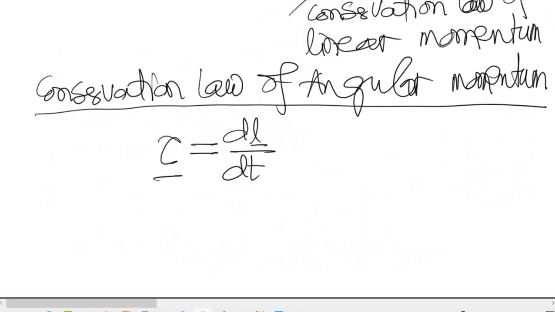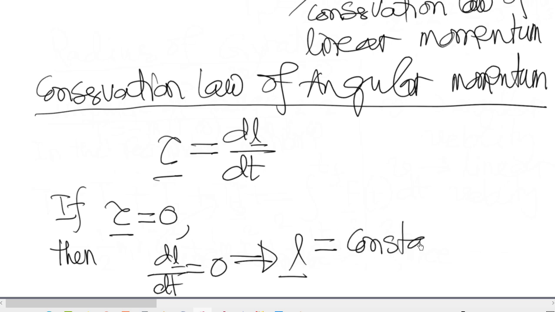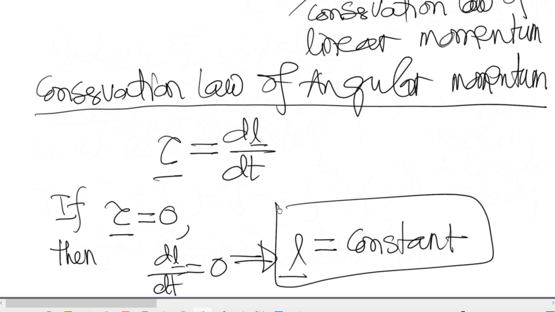Now, if the torque acting on the system is 0, then dL by dt equals 0, which gives us that the angular momentum L is constant in time, and this is known as the conservation law of angular momentum.